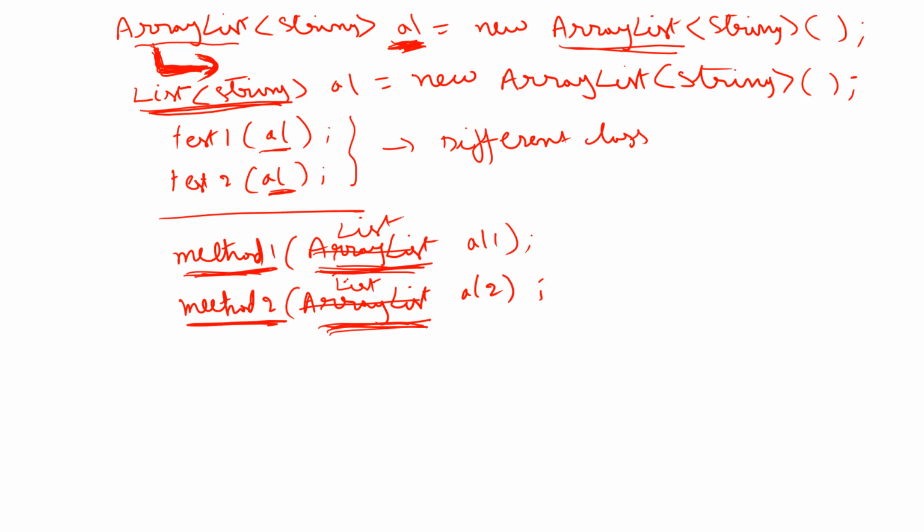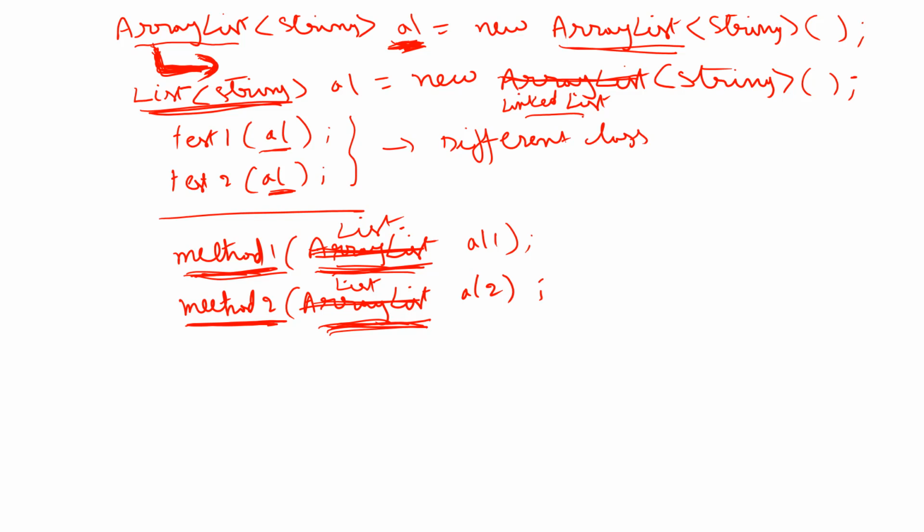So let's say in future I come to know that instead of array list I have to use a linked list. Then I can change only this one to a linked list, and I don't need to change anything else, because anyhow we are passing a list here. We have specified the method parameters as list instead of array list or linked list. So I just need to change only this one to a linked list.